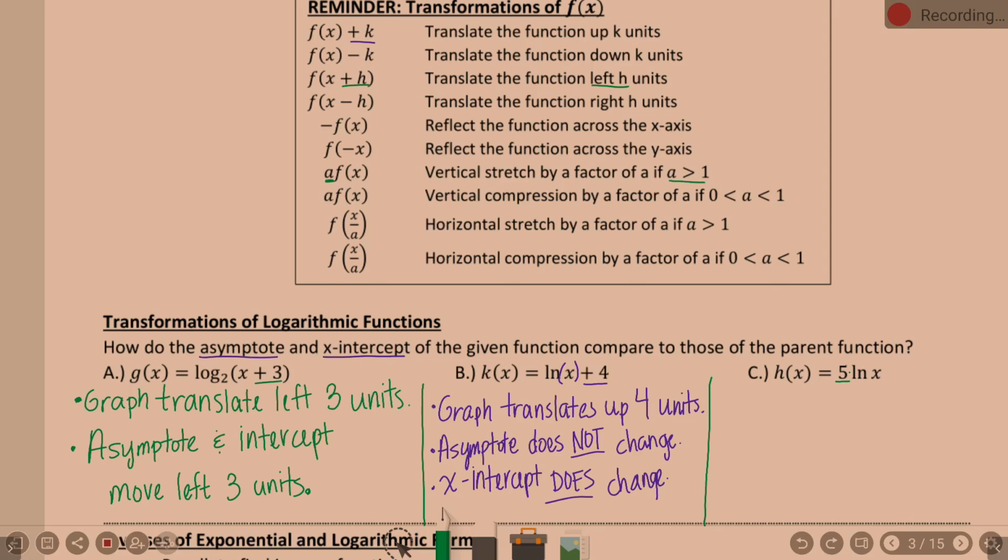It's bigger than 1, which means it is a vertical stretch by a factor of 5. So I'm going to write that down first, that the graph is vertically stretched by a factor of 5.